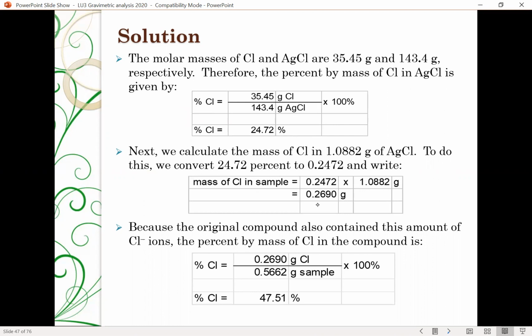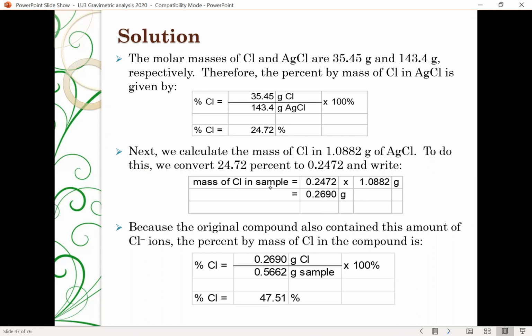Okay, so you get 0.2690 gram. The aim here is for you to get the mass of Cl. It doesn't matter whether you have the Cl in your precipitate or in your sample, the mass is the same, because the mass of analyte that we get in the precipitate refers to the mass of Cl that we get in the sample.